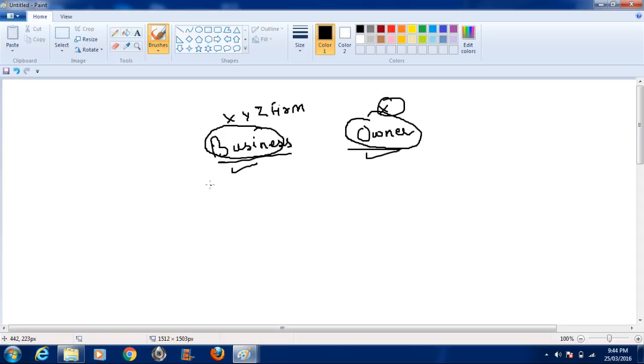Now when we are introducing the capital, what is the owner doing? The owner is introducing the capital into the business, right? Suppose we are introducing 2 lakh. Now this is the money of the owner and not of the business. So for the business, it is like a loan.